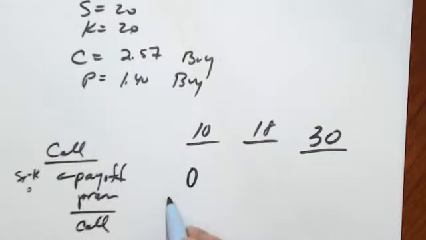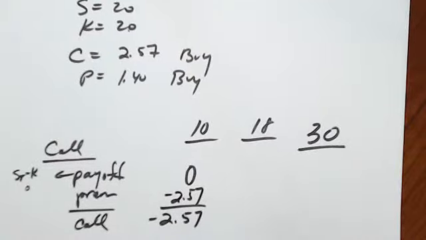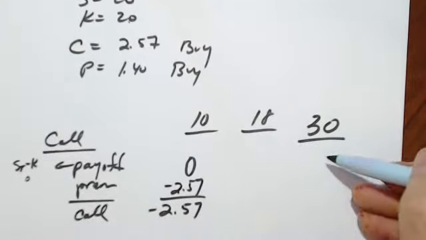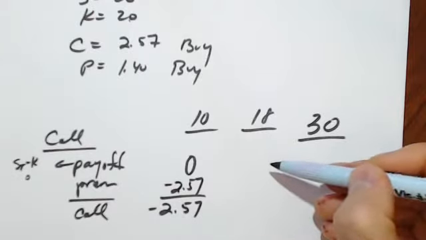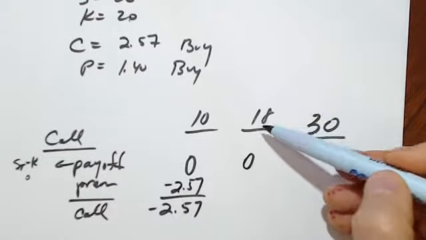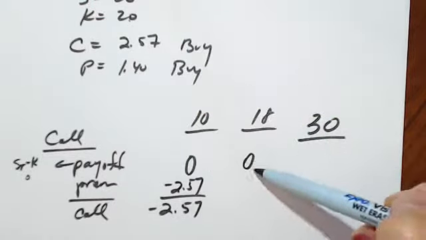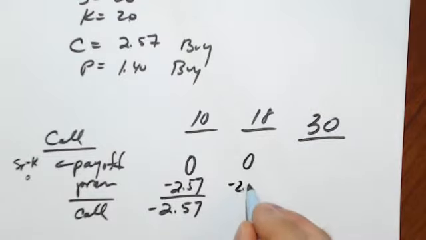But you paid $257 for it. So you lost $257 on this call. Now let's go right across. Stick with this call option. The payoff here is 0. Again, why would you buy the stock for 20 when you can buy it in the open market for 18? The option's out of the money, but you paid $257.